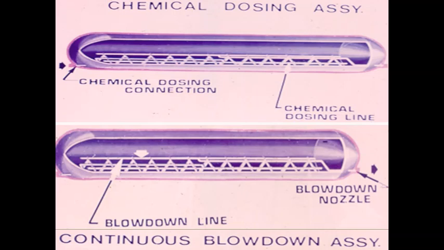Chemical dosing is another important aspect to maintain the water quality within the boiler. As you know, DM water pH is an important parameter, and besides that we have to see the suspended solids and total dissolved solids and see that there is no turbidity or froth within the drum water.